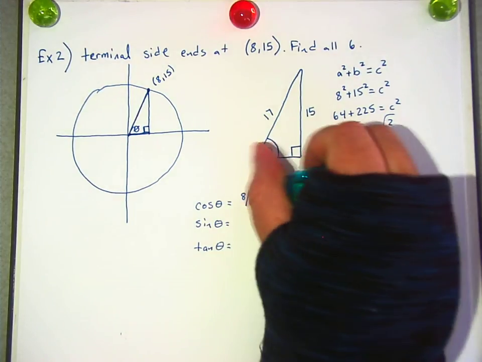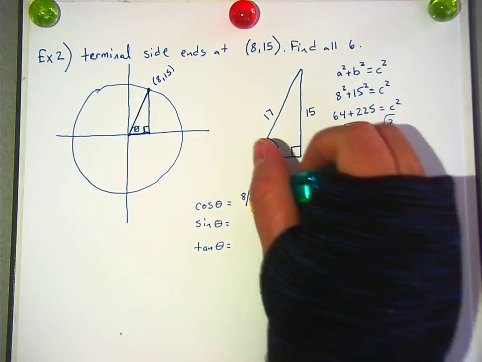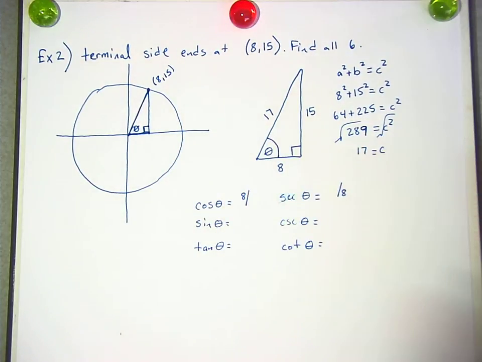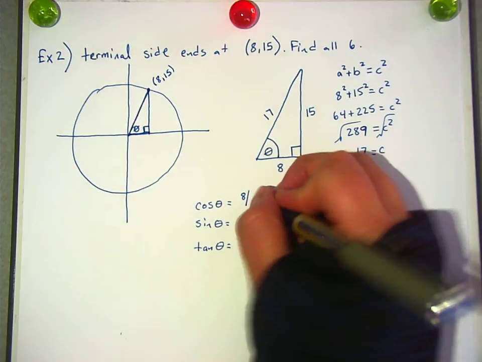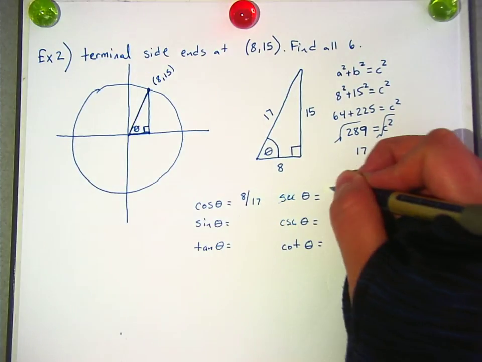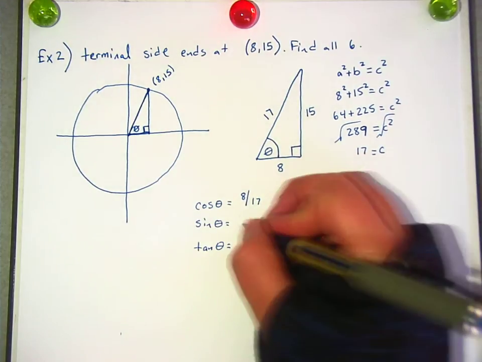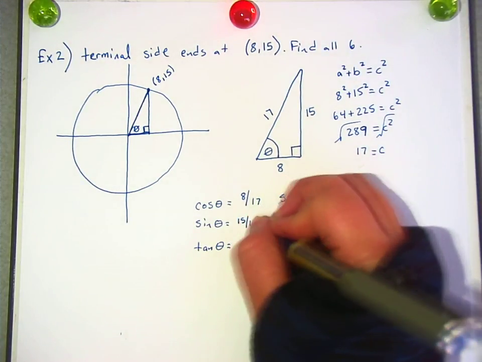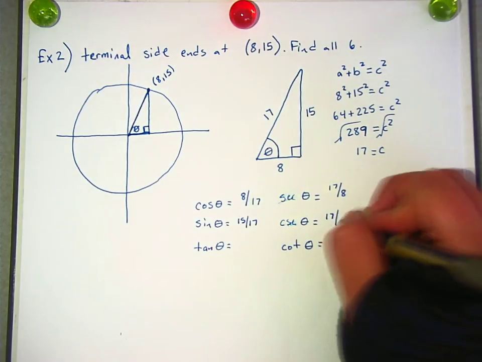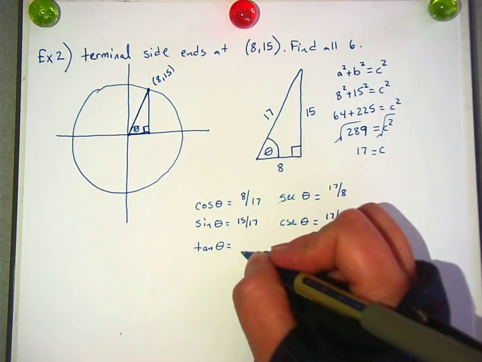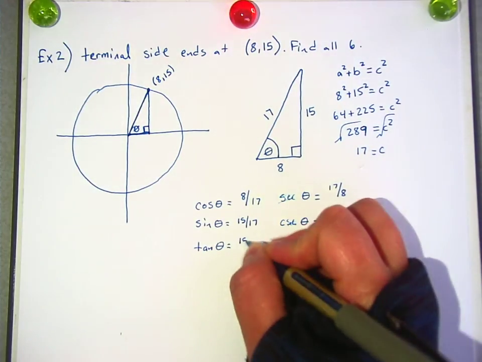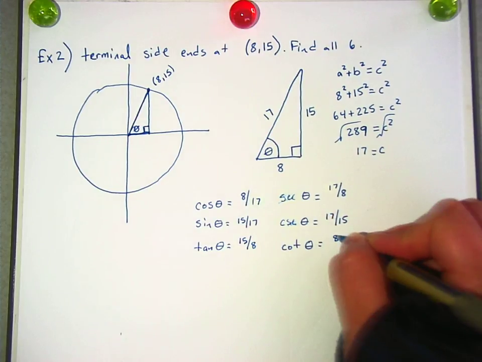It's this. All right, adjacent over hypotenuse is 15/17. Tangent is opposite over adjacent. This one's adjacent.